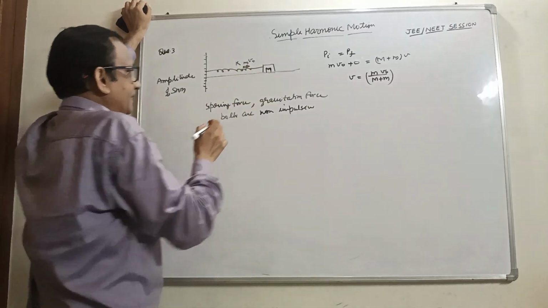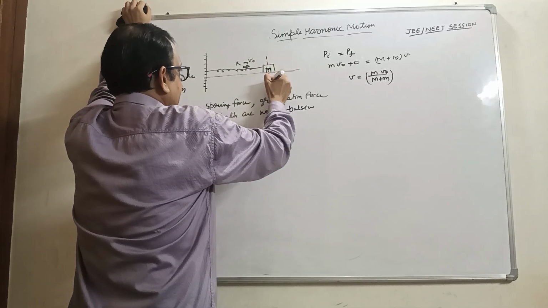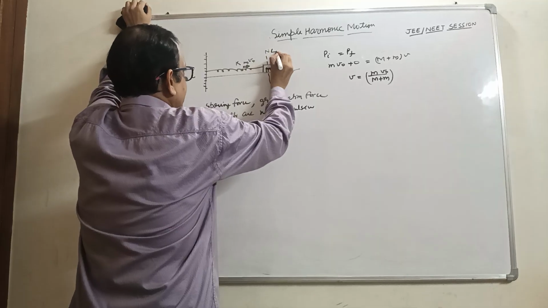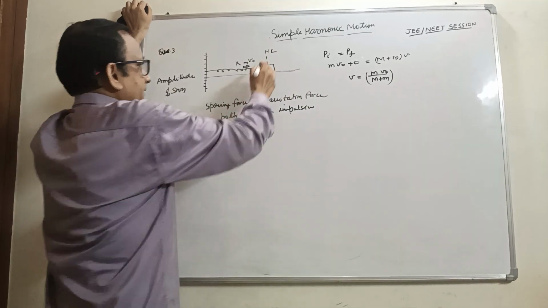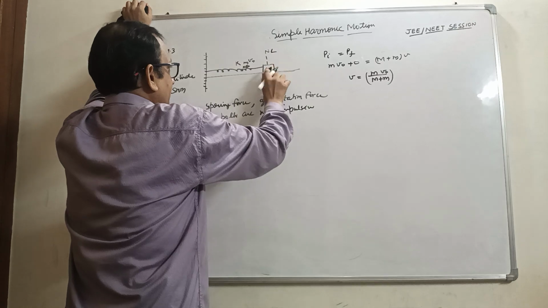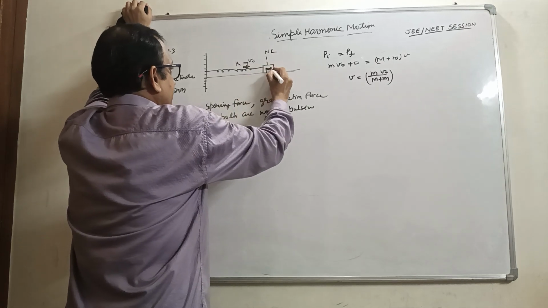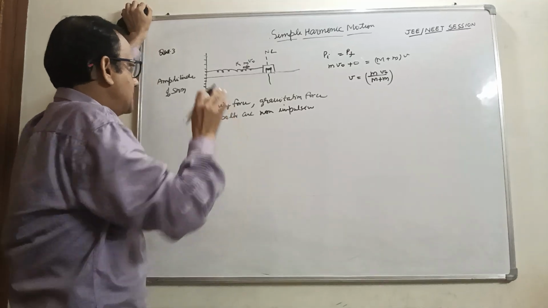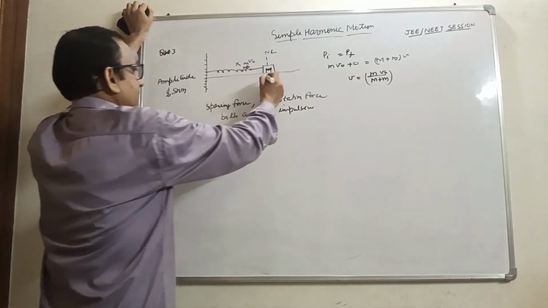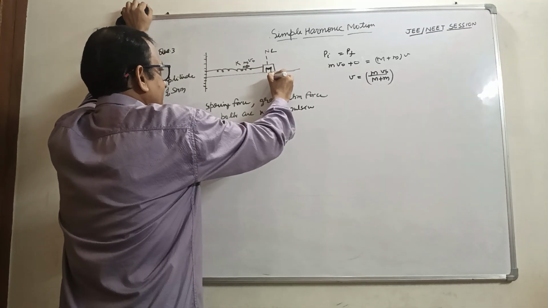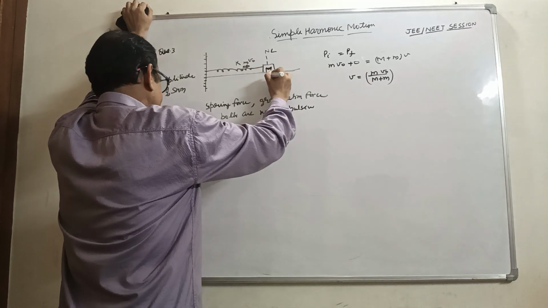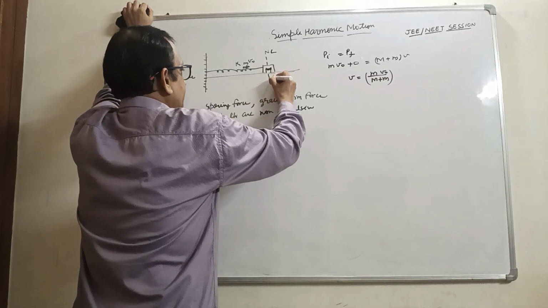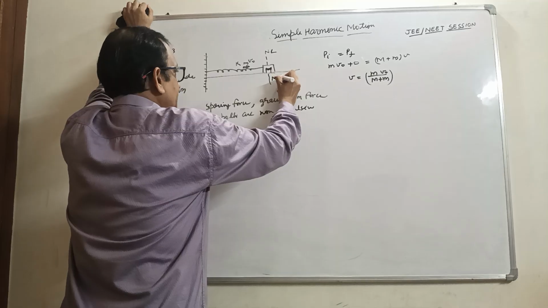This is the natural length of the mass-spring system. On striking of the bullet, at that moment, this would be the mean position.